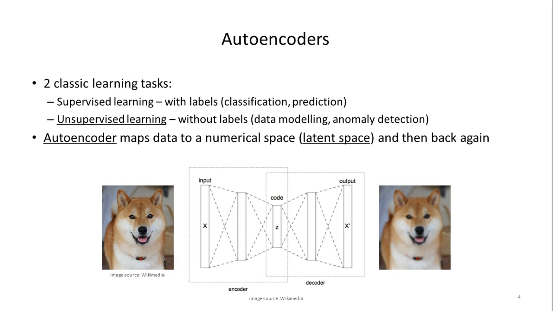So what is an autoencoder? An autoencoder is essentially a composition of two neural nets. You can see the structure here. It maps the input data point to some numerical vector called the code. This is done by the first neural network, which is called the encoder. Then the second part of the autoencoder, called the decoder, takes the code and tries to reconstruct the original input as close as possible.